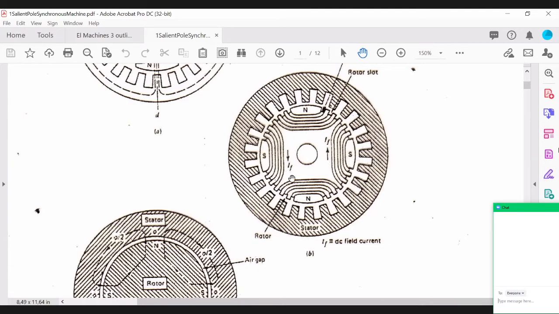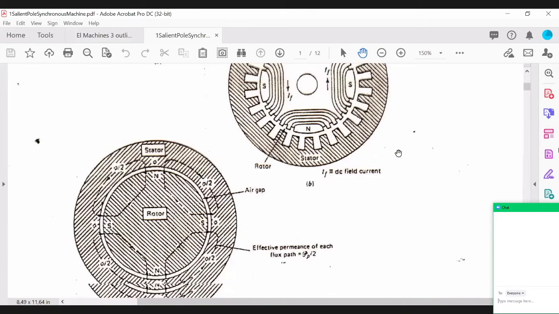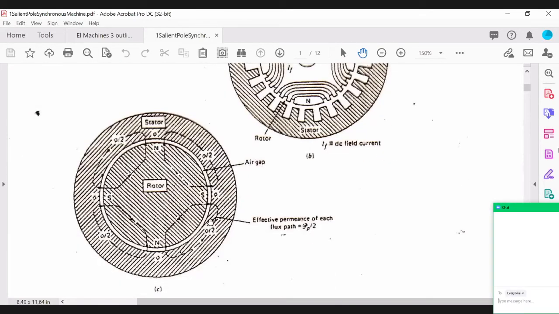So if you look in the next figure here, this is an example of a cylindrical rotor where you have uniform air gaps in the machine, and it's producing a very uniform flux, right?